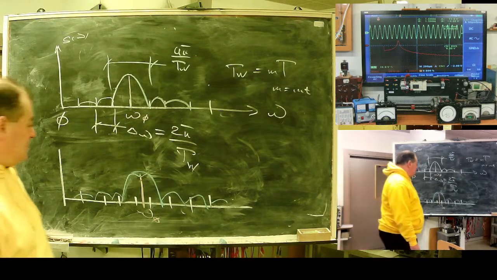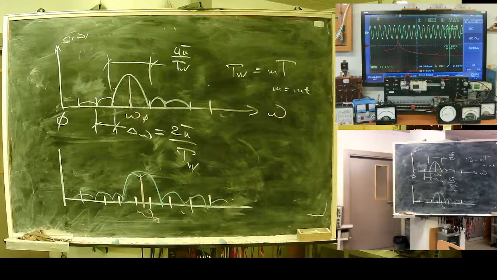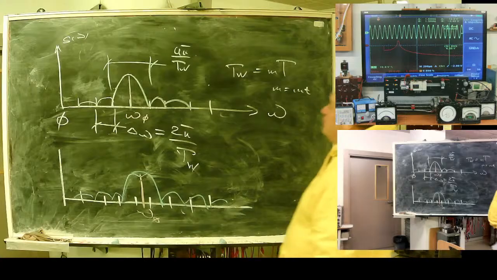Worst case, when you have two near frequencies, worst case, synchro check relays or something like this. Boom, boom, boom, boom, boom. So what to do? Where to run?